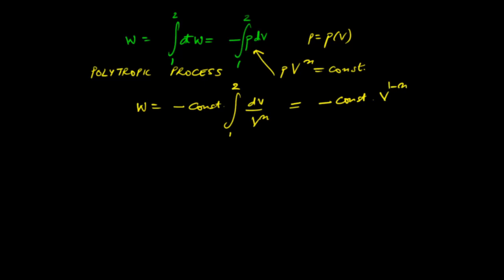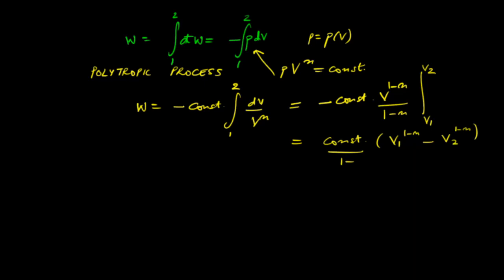So when we integrate it, we get V to the 1 minus n over 1 minus n, and the limits are the volumes in state 1 and state 2. So we get constant times V1 raised to power 1 minus n minus V2 raised to power 1 minus n over 1 minus n. And note that here W denotes the work done on the gas, which we are taking to be positive in our sign convention.